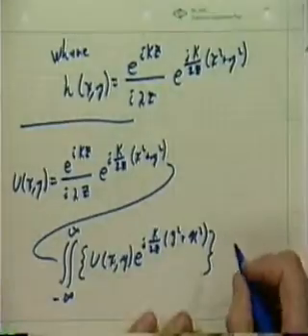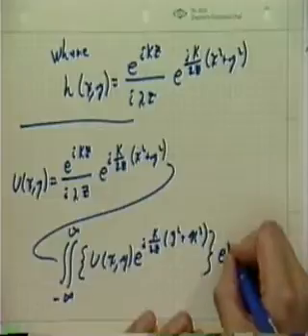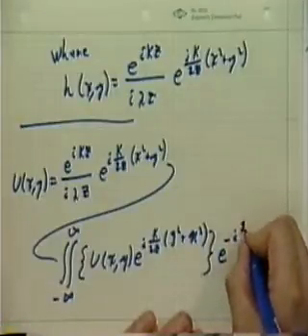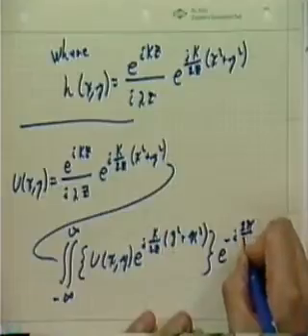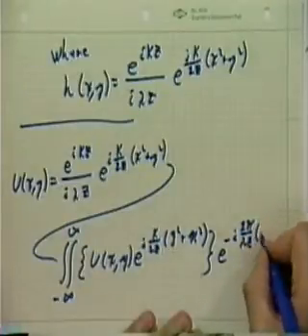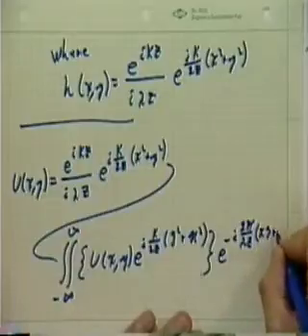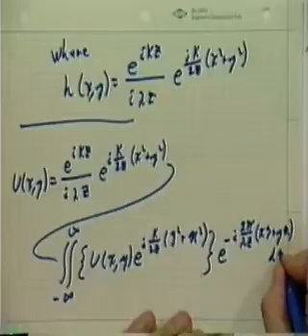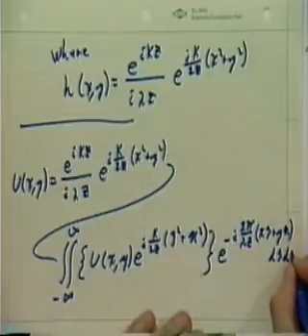Okay. Times e to the minus i 2 pi over lambda z x squiggle plus y eta, d squiggle d eta.